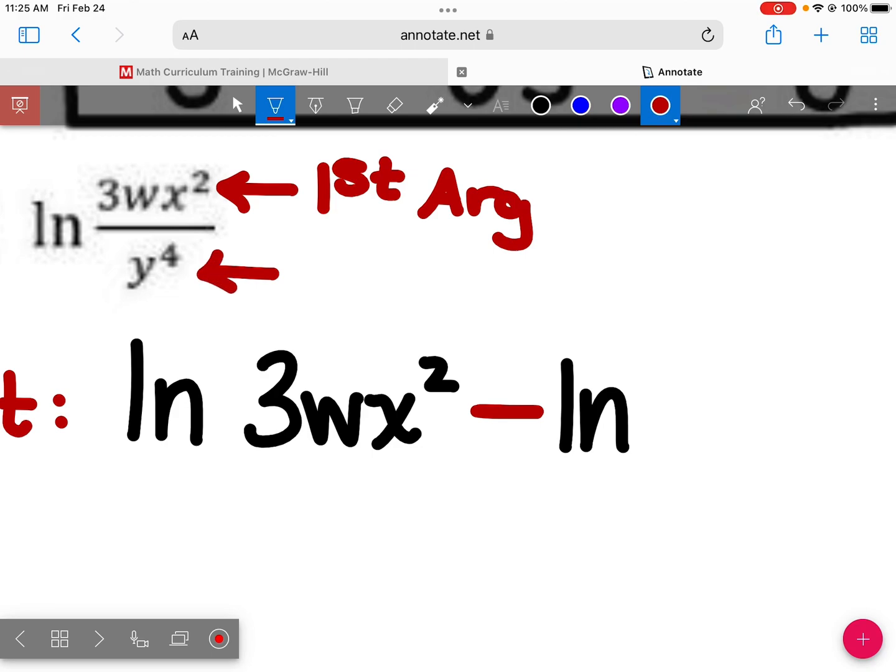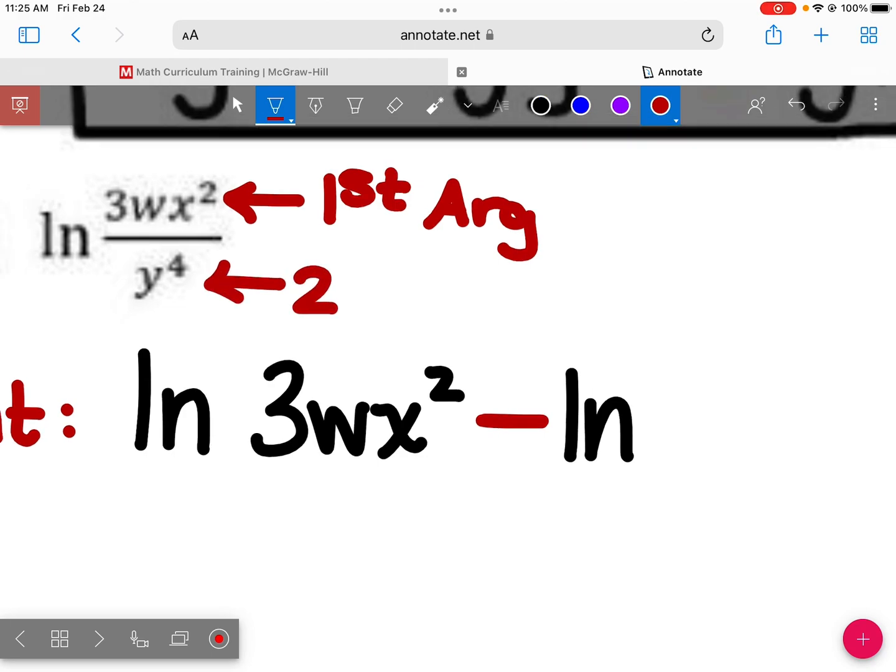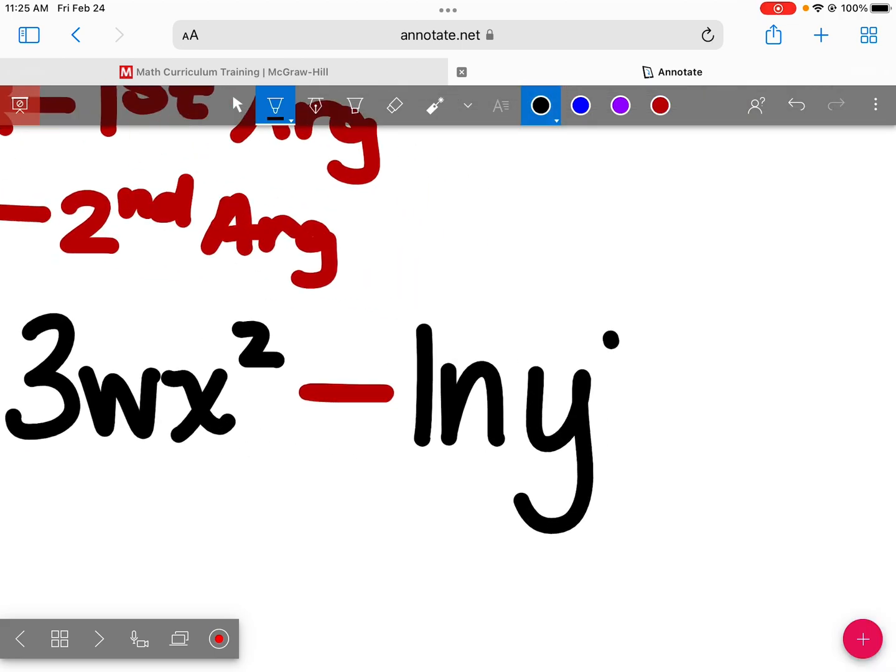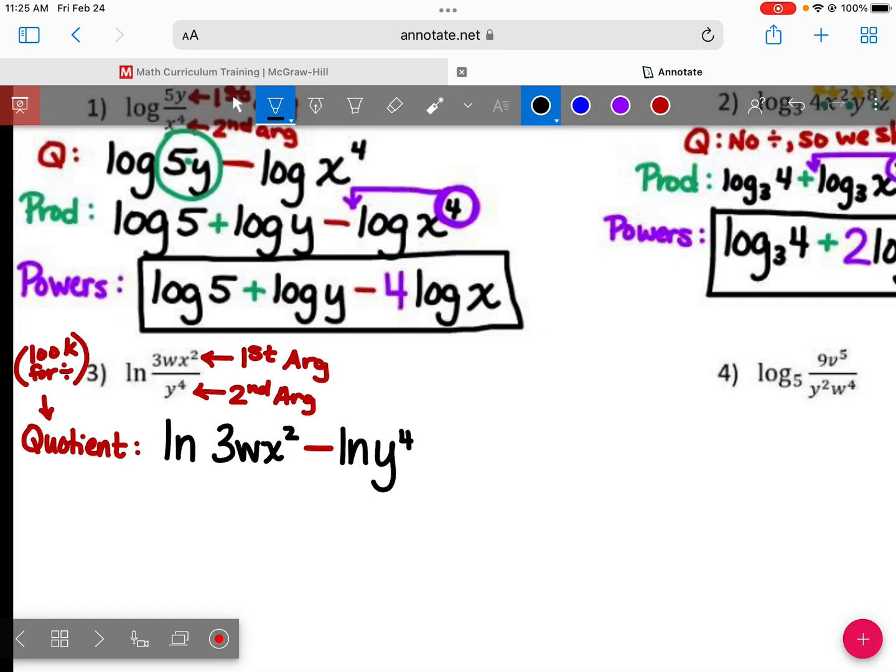This is my second argument. Y to the fourth. Remember, this is based in my properties of exponents. When I have a fraction, something to a power on top, something to a power on bottom, I subtract those exponents. That's why these are being subtracted here. So there's my quotient property.